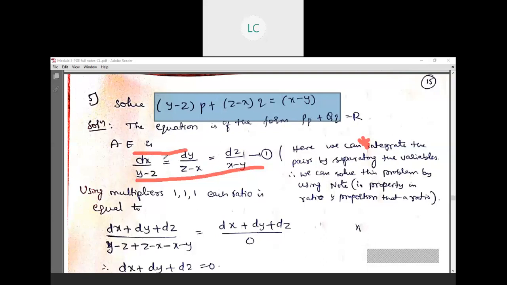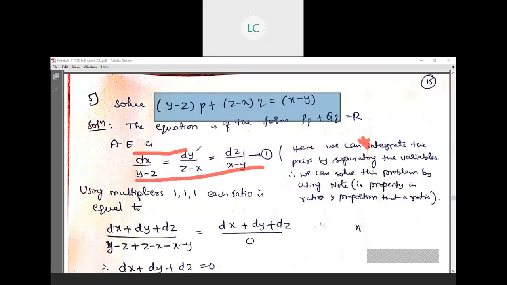Is it possible to separate the variables here? If it were in multiplication form, we could easily cancel z, but it is in subtraction form. We can't separate the x and y variables because we have z also, right? We can't remove z here. So the first and second terms we can't make a pair.